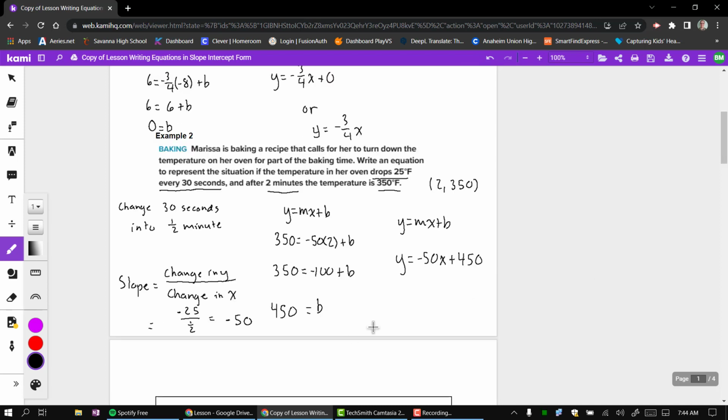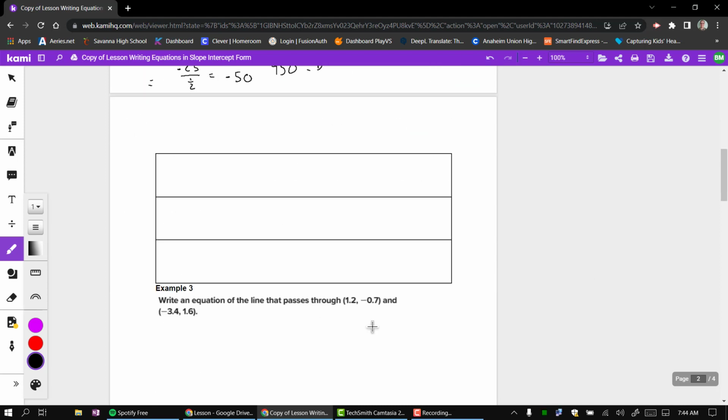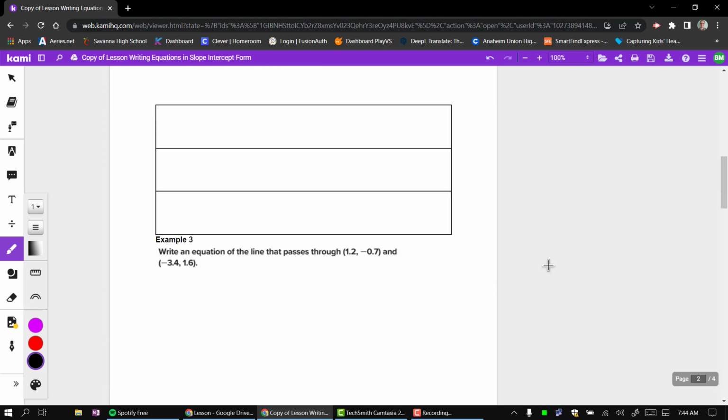So this one kind of introduces the next idea we're going to get into. What happens if they don't give us the slope right away? So step 1, use the given points to find the slope of the line containing the points.